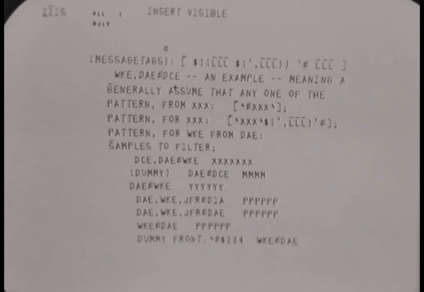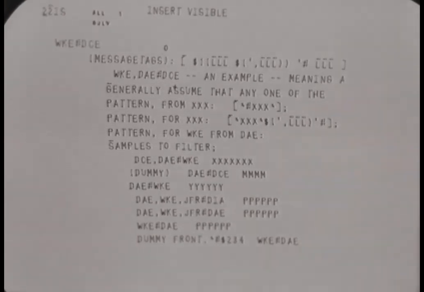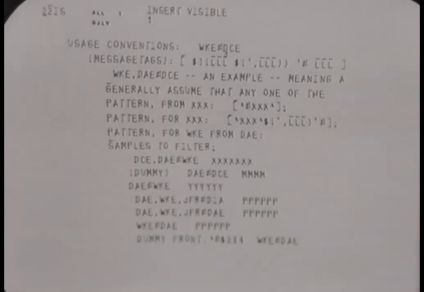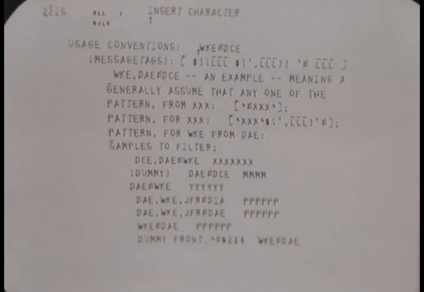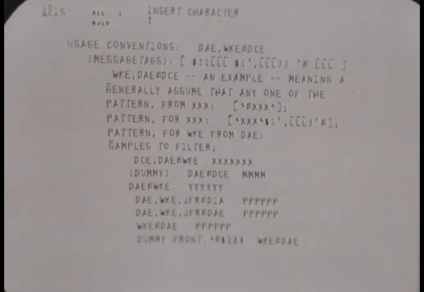If I wanted to send Bill English, WKE, a message, I would put that in the file, WKE from DCE, with that pound sign in between. So any statement that's marked like that means there's a message to him from me. If I want to, I can say was also for Dave Evans, like that. So that's from me to both of them.